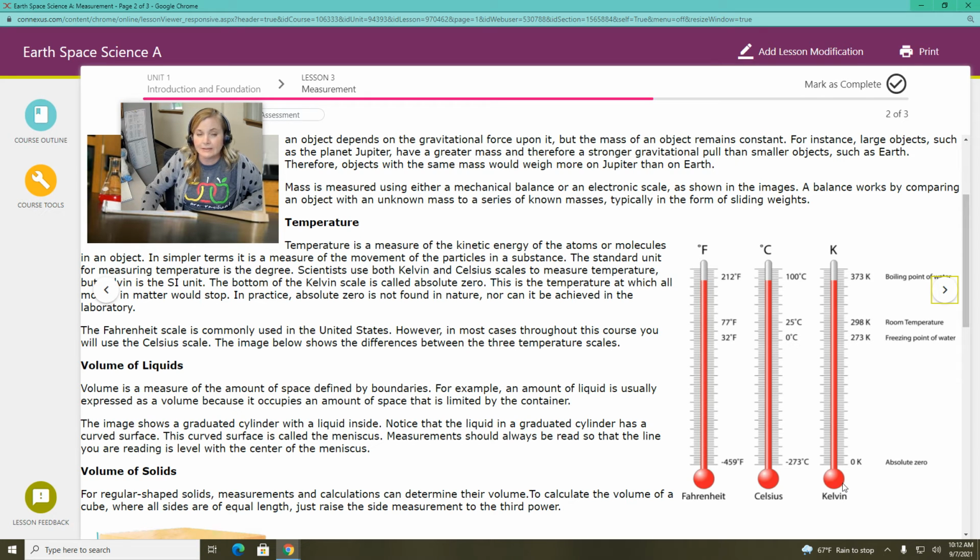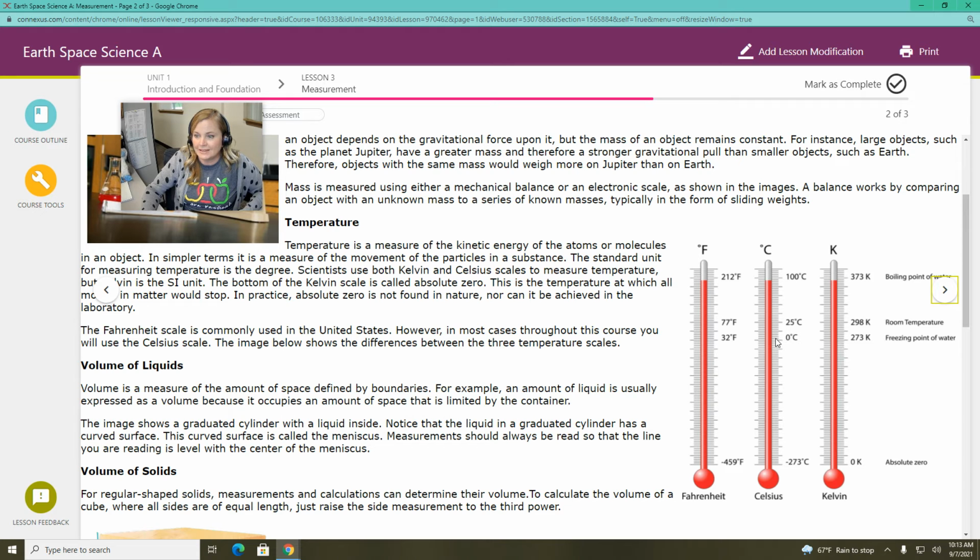Kelvin is based on the 0 being absolute 0, like nothing could ever go colder than that. This is the temperature at which all molecular motion would completely stop. And so that is absolute. There's no negatives in the Kelvin scale, and that's what makes Kelvin kind of cool. So 0 is absolute 0.